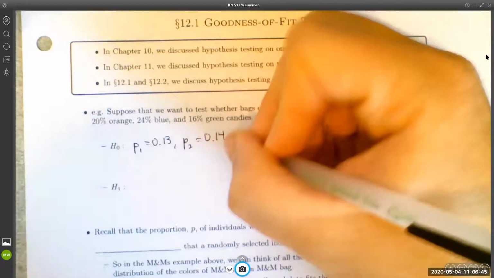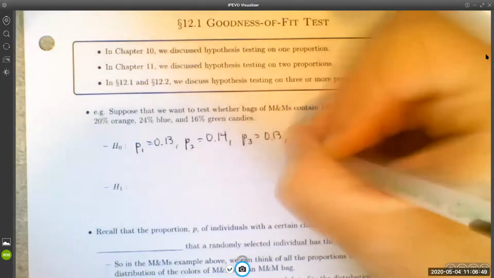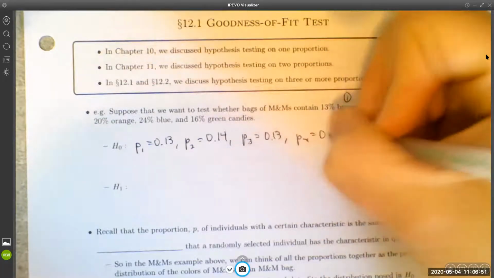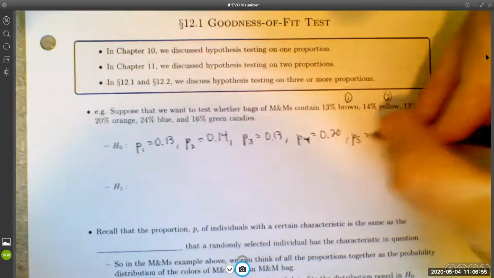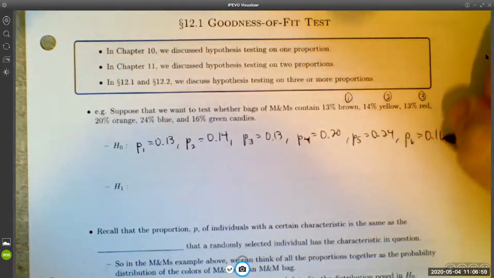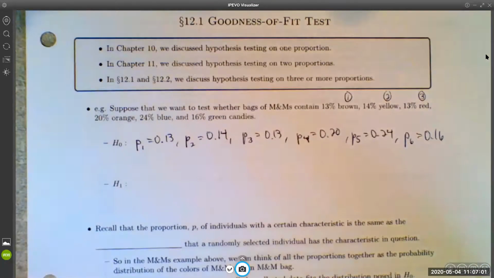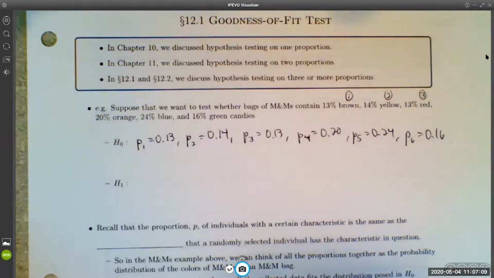And so forth, right? P3 would be 13%, P4 would be 20%, P5 would be 24%, and P6 would be 16%. Okay, that's the null hypothesis, right? That's the status quo. The alternative hypothesis is that at least one of these proportions is different than stated.